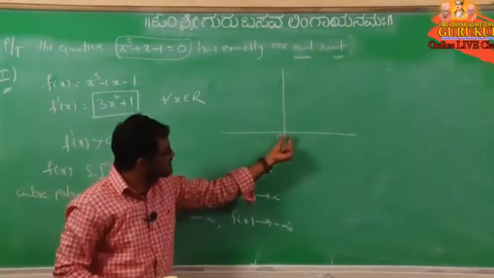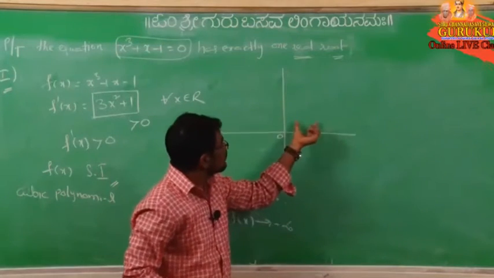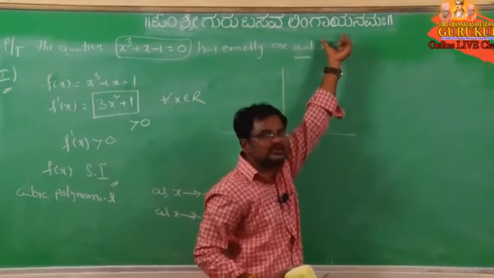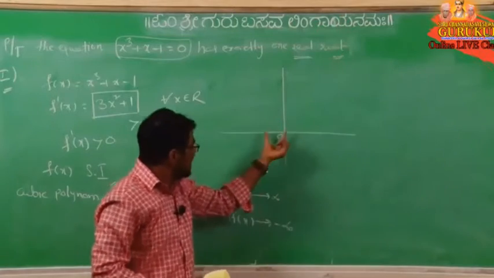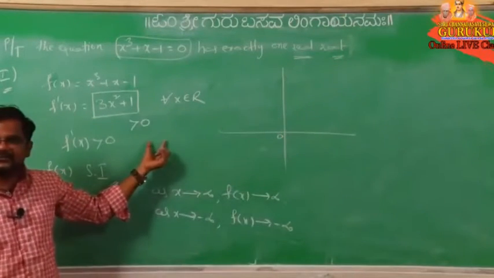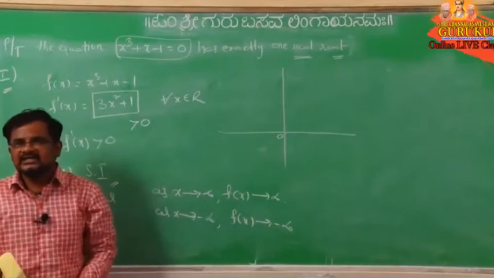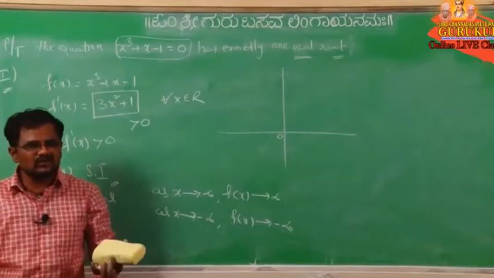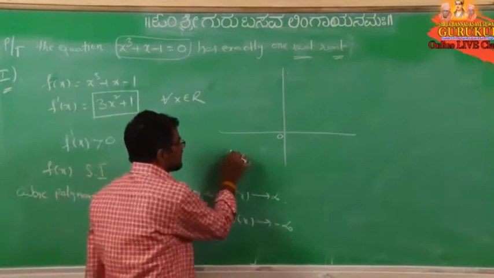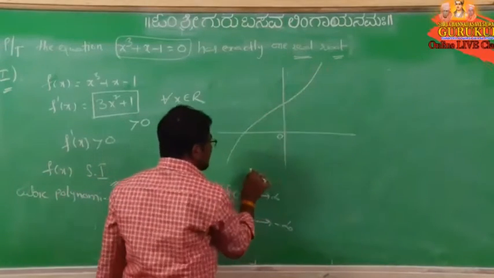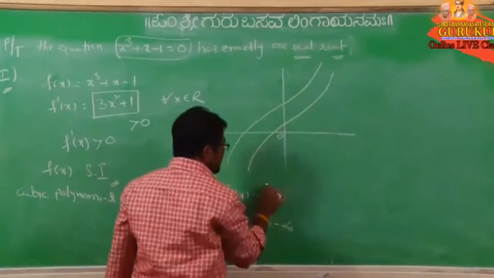As x tends to infinity, the functional value also approaches infinity. As x tends to minus infinity, the functional value also approaches minus infinity. I will take one general function, no need to take it exact, you can take it like this, or like this, or like this.